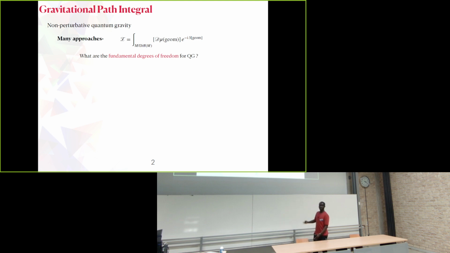Quantum gravitational path integrals have become very common. Many quantum gravity approaches are formulated on this. And you can actually see the difference between the different quantum gravity approaches in the way they choose, for example, the geometry they define, and also the action associated to this kind of geometry.